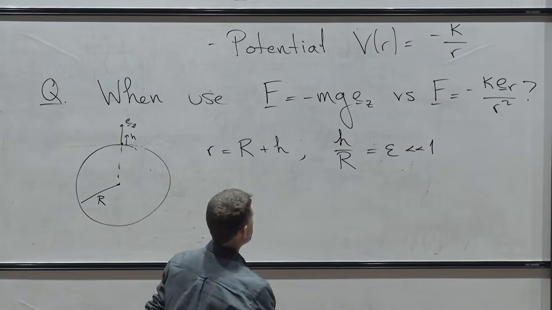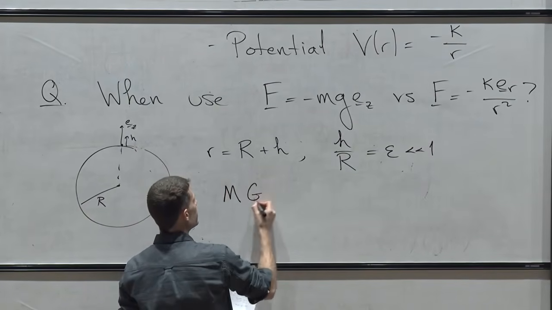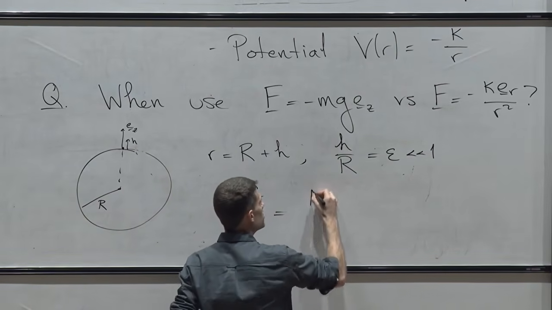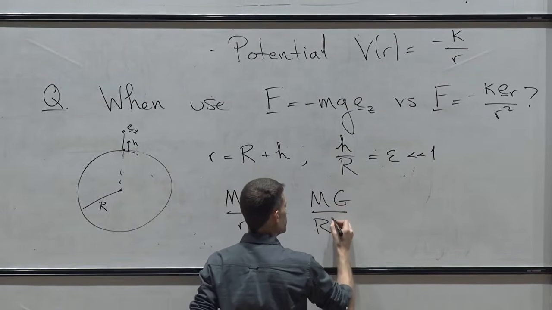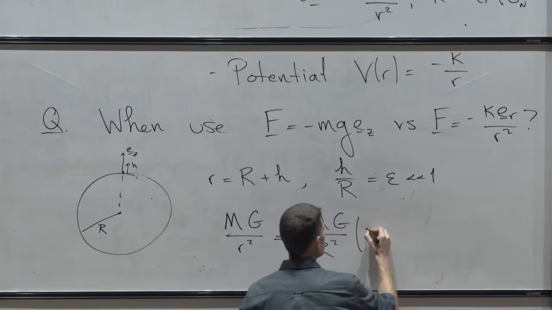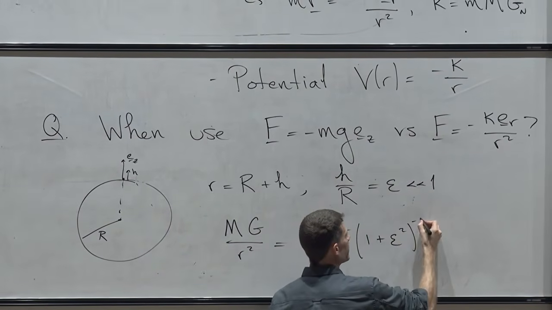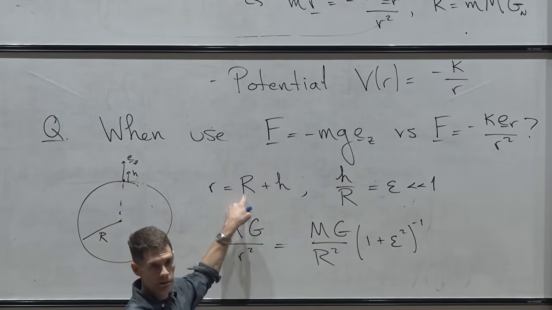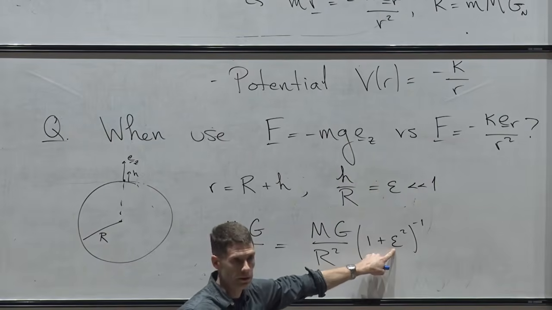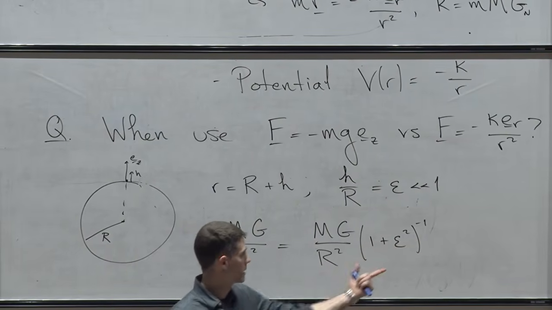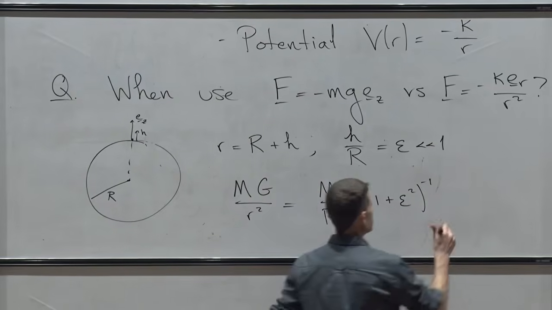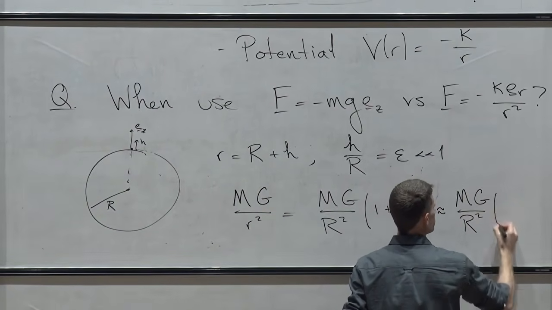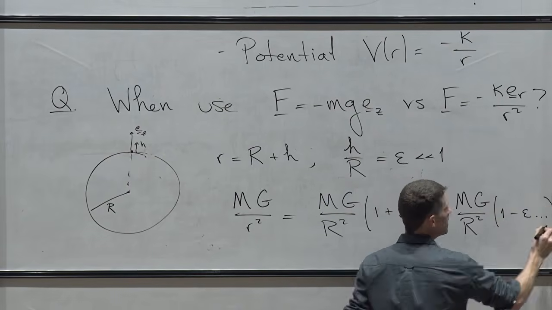If you take mg over little r squared, that's mg over big R squared times (1 plus epsilon) squared to the minus 1. I'm just factoring out the R, so I get (1 plus epsilon) squared to the minus 1. And now I can do a Taylor series of that, so that's approximately mg over R squared times (1 minus 2 epsilon, dot dot dot).